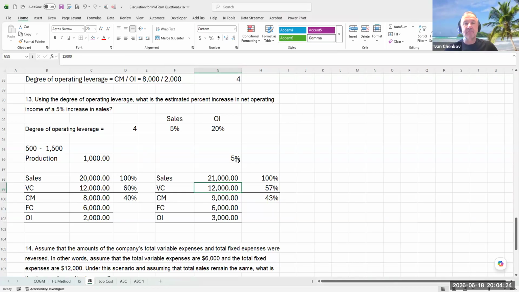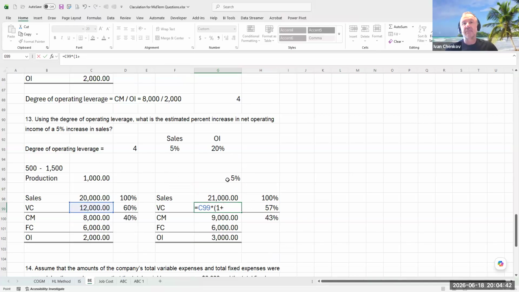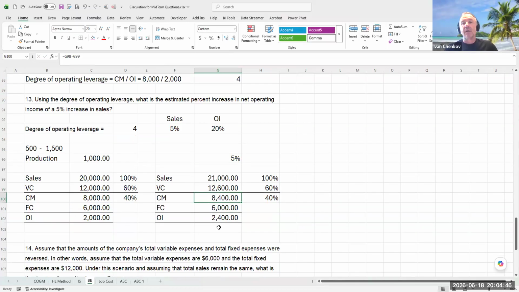Variable cost also is going to jump by 5%. It's going to be equal to this one times bracket 1 plus 5%. So as you can see, my operating income jumped by 400.